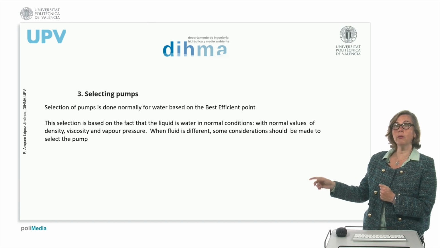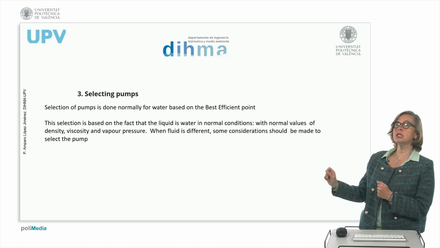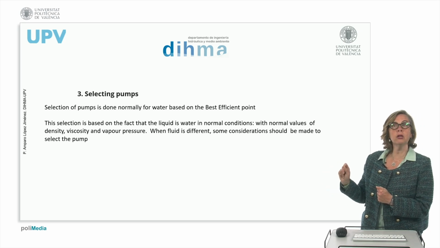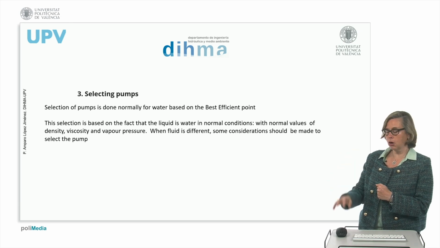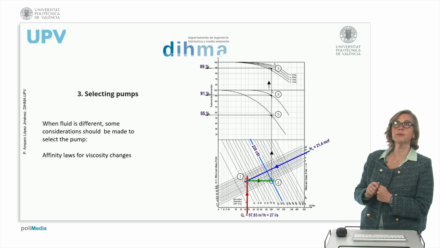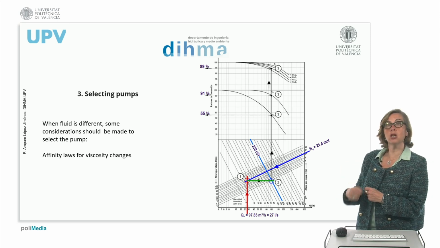When we select a pump, we must use the best efficiency point. In this case, consider the method of column of fluid, considering, as we say, the density of the fluid to be chosen. When we select a pump, we will also have to consider the viscosity.